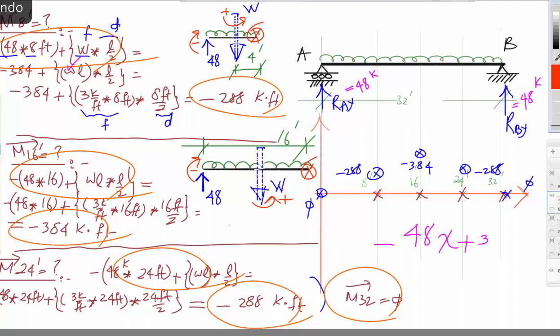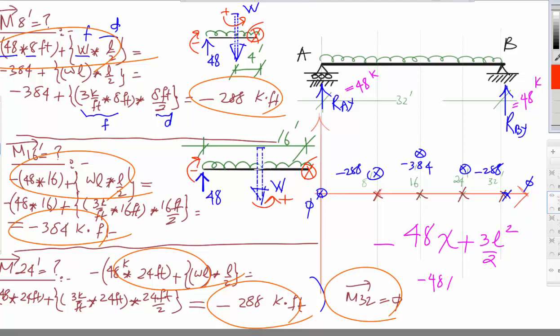What comes after that is this L, and this is L, and this is LL and LL. So it means it is 3L squared divided by 2. So this becomes minus 48x, and L of course is x.